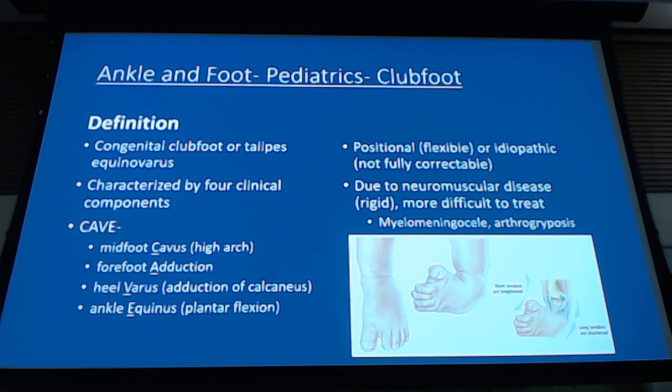We just talked about what a clubfoot would look like, right? If you look at that foot, you will see that it is not only inverted, it's got a high arch, it's plantar flexed, which means that it is equinus. Okay.